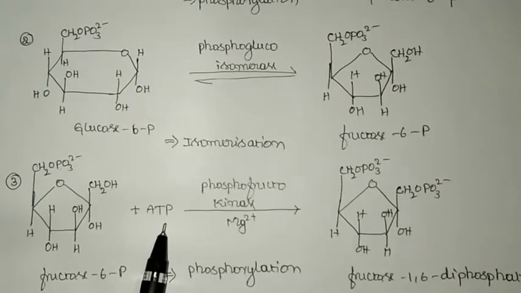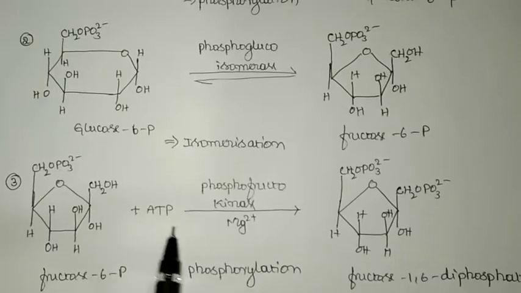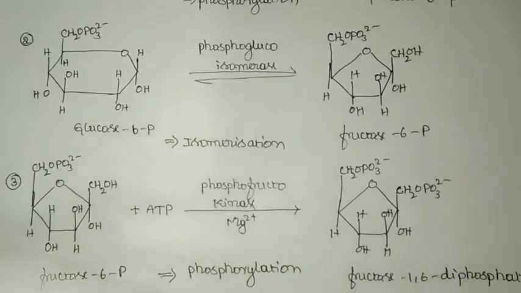That is what we already said in the very beginning of the video, that the first 5 reactions are called the preparatory phase because there is consumption of ATP molecules in this stage. So now we shall go with the fourth reaction. So what is the fourth reaction?